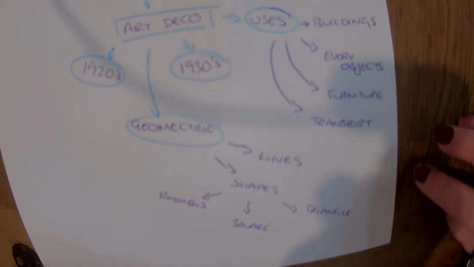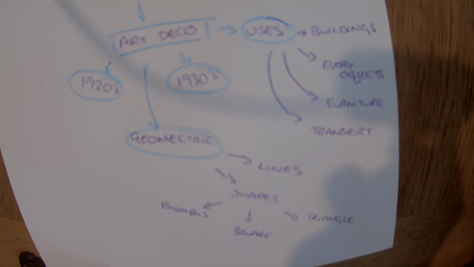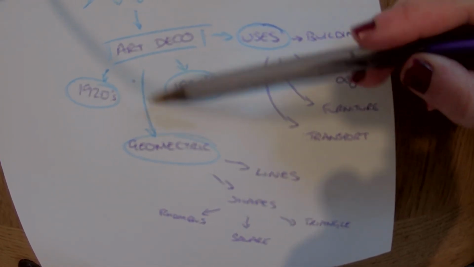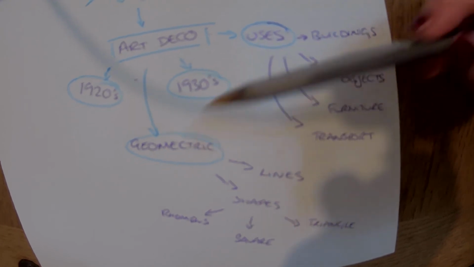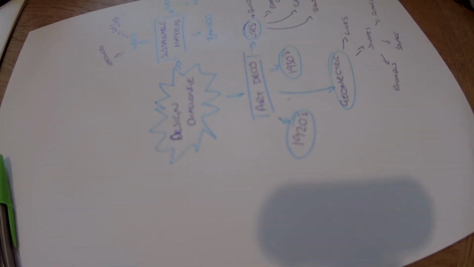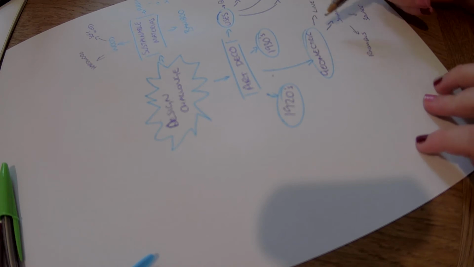So that's it so far. I've got my main keyword, and then I've explored it down to its different components. One more thing I'm going to add, but I want you to add more to this afterwards, is 1920s and 1930s.